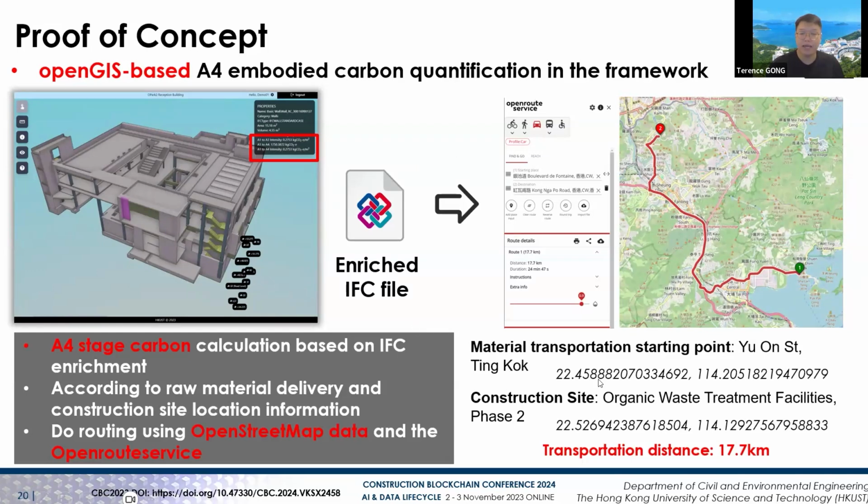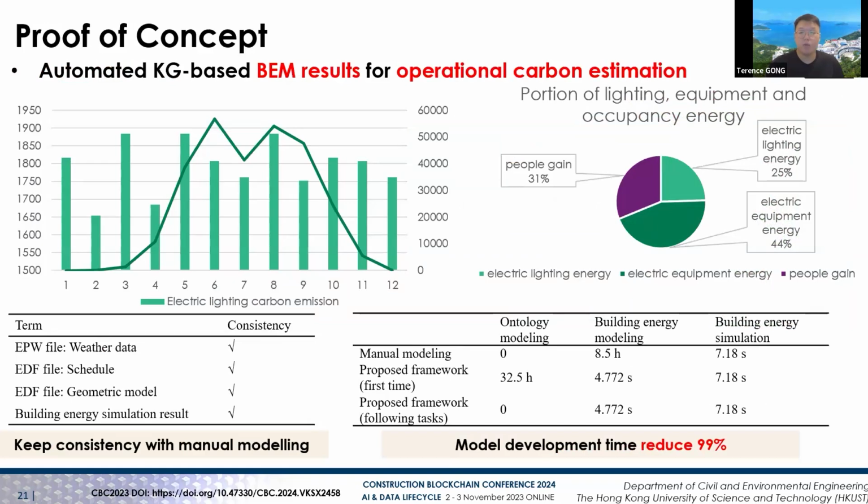And here, we can directly get the transportation distance, which is 70.7 kilometers. Then for the operational carbon part, the developed method can also stay consistent with the manual modeling, and we can get all the carbon emissions in 1 year.